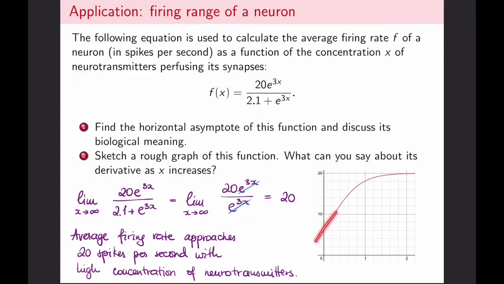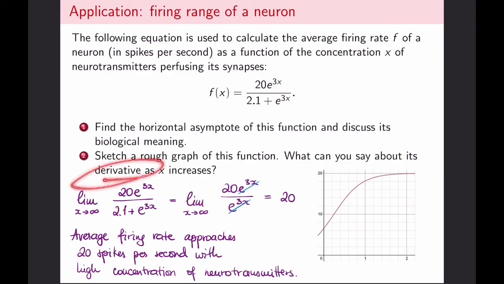If I draw one at the beginning, it's fairly steep. I can see that it's probably the steepest somewhere around here, and then the tangent lines become flatter and flatter and flatter as the function approaches its horizontal asymptote. This behavior is reminiscent of the Michaelis-Menten kinetics, or any kind of Hill function really, and recall how we discussed the Michaelis-Menten kinetics in that at a certain concentration, the gain in velocity at which the chemical reaction takes place, or the firing rate of a neuron that can take place, is basically limited.